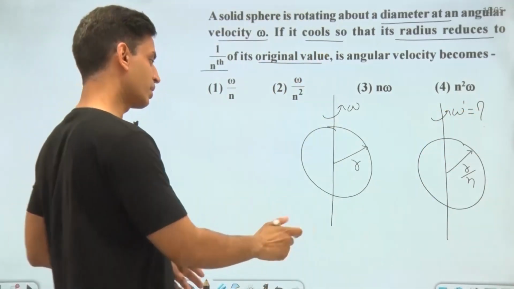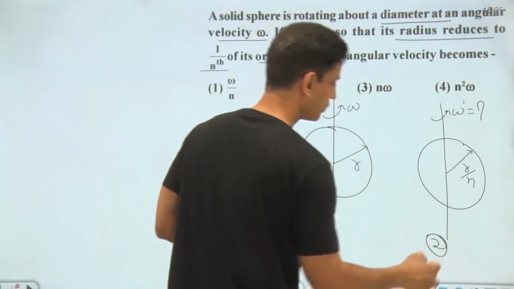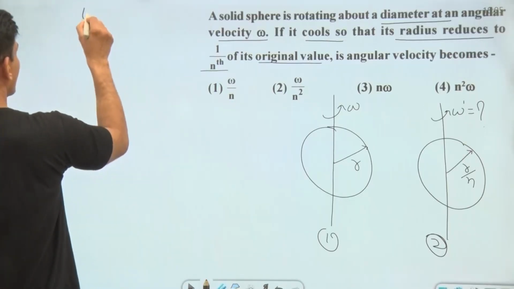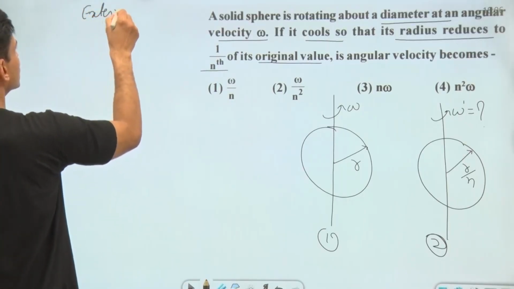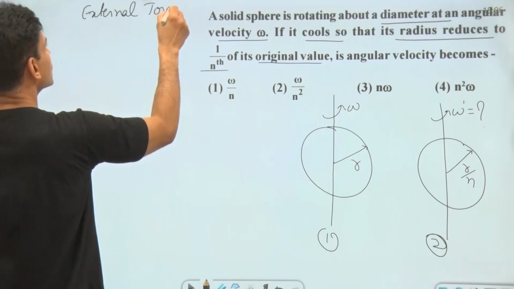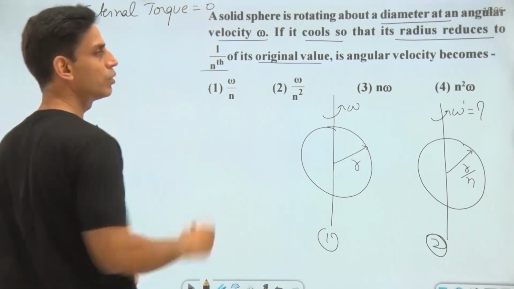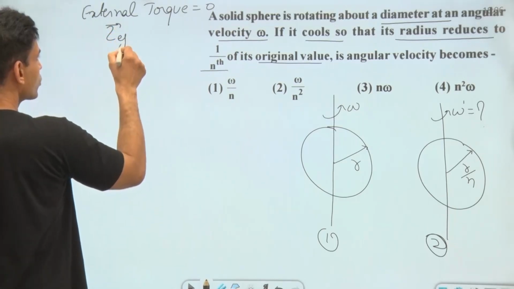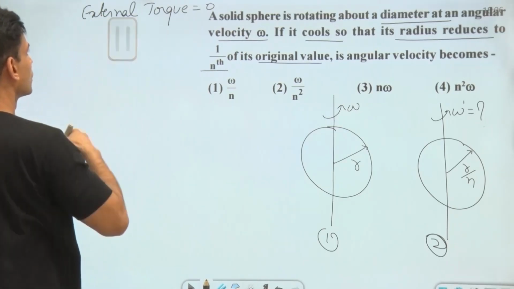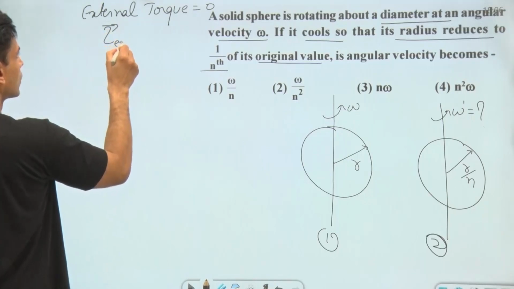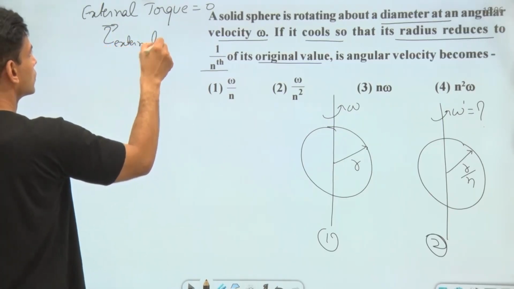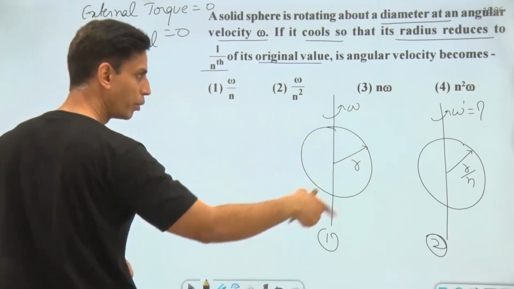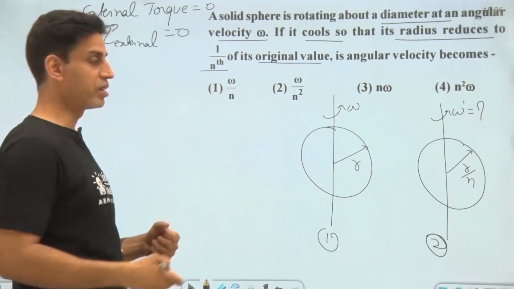Now this is 1, this is 2. No external torque acted on the system. So external torque equal to 0. And if external torque is equals to 0, that is angular momentum of the body will be constant or conserved.